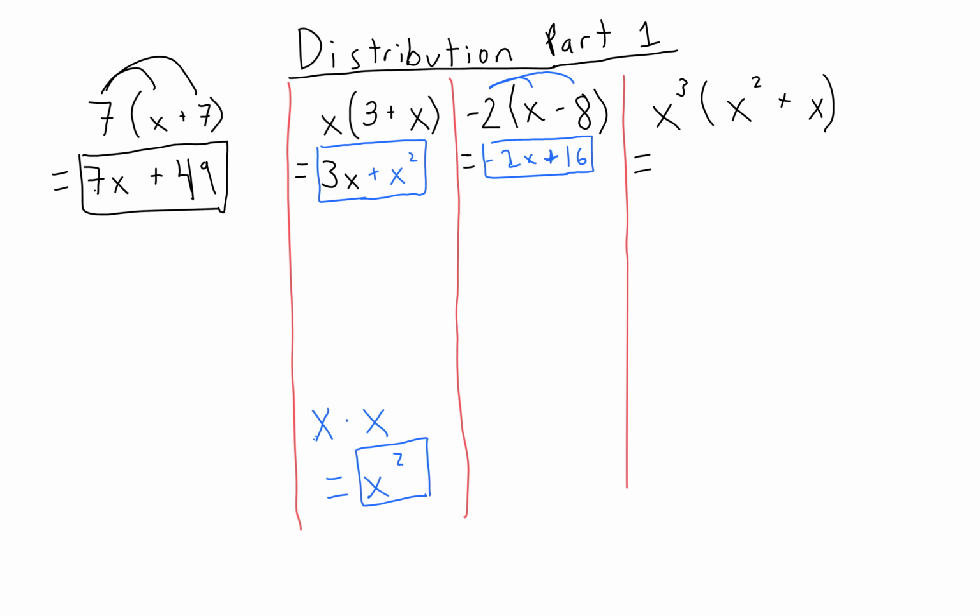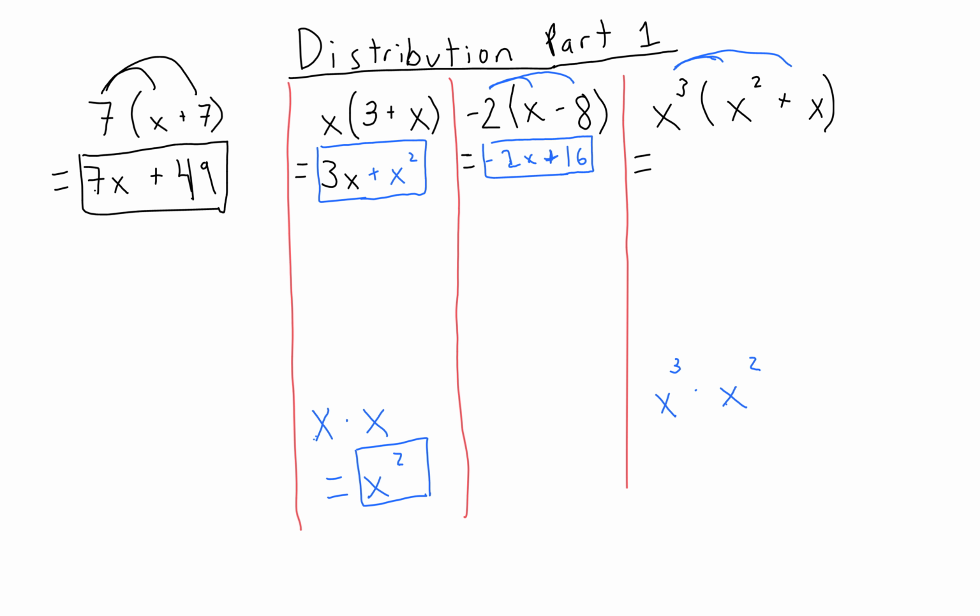And finally, we have x cubed. Let me draw the lines everybody likes in there, just for the visual. So we have our first multiplication is x cubed times x squared. Does that equal x to the 6th power?